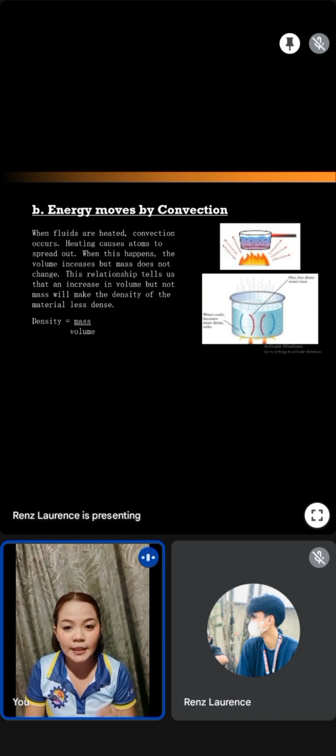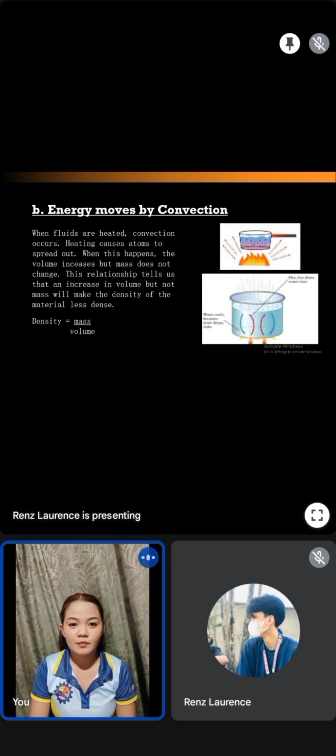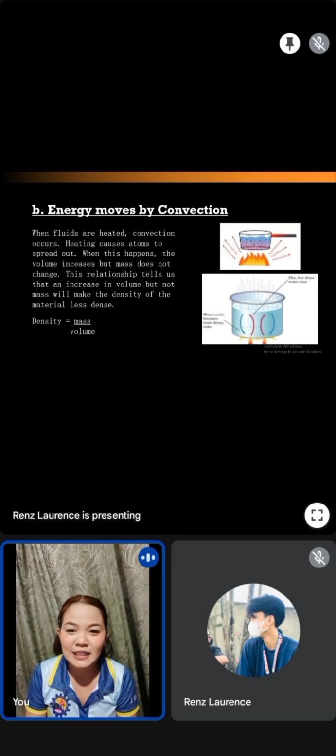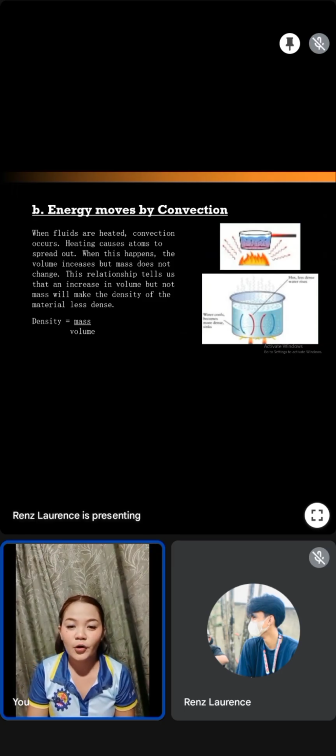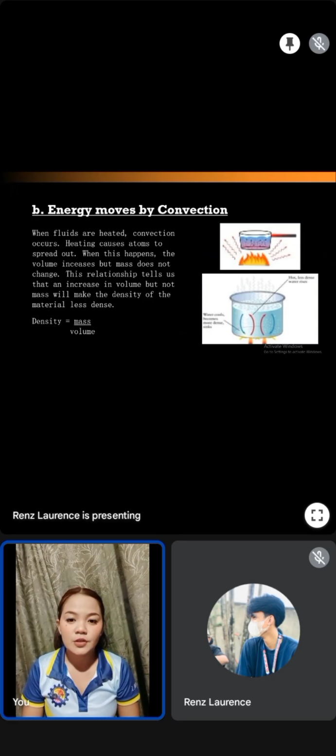And the particles that remain in the kaldero, wala siya mo-change ang mass or volume, mao na siya ang mga substances nga nagpabilin. So next.